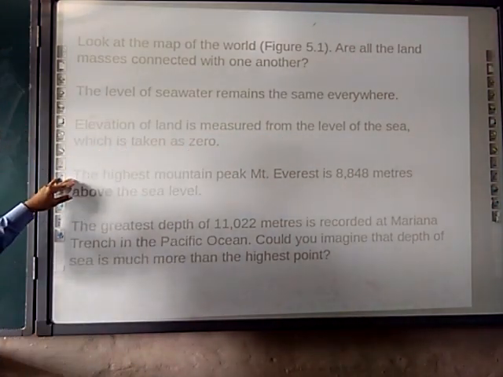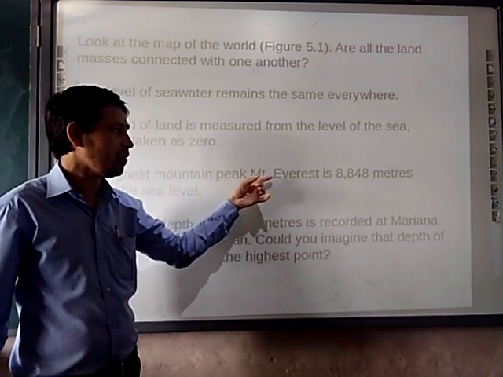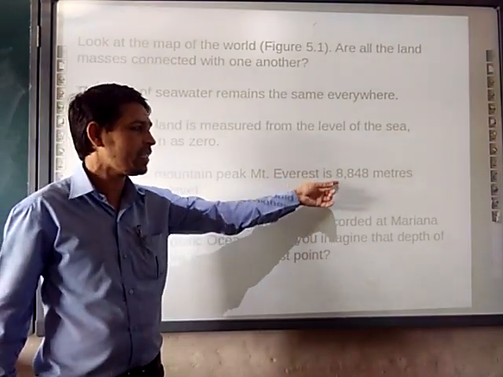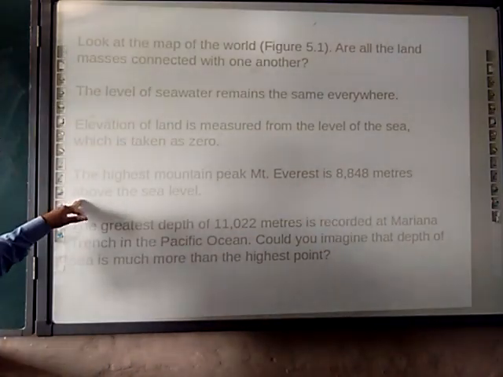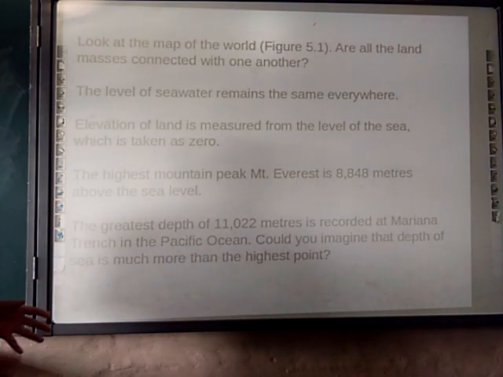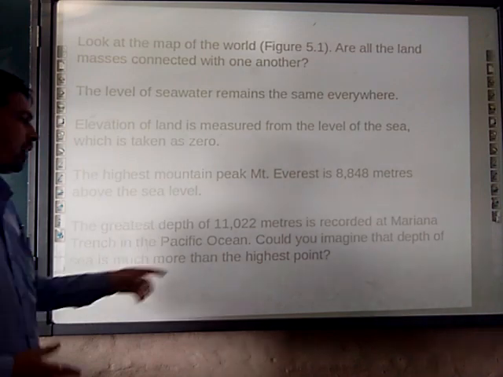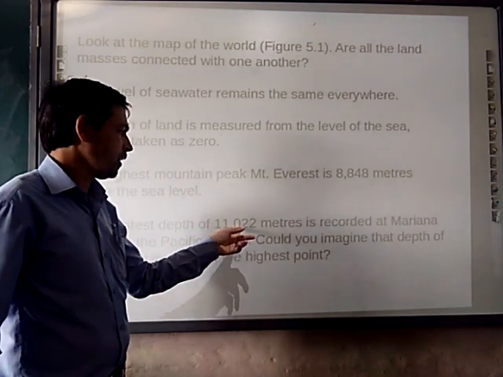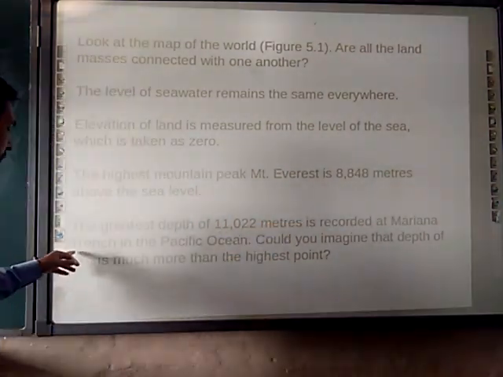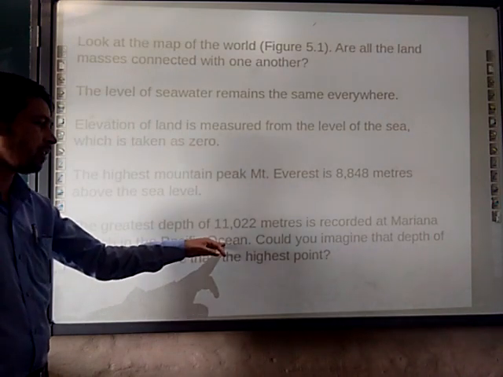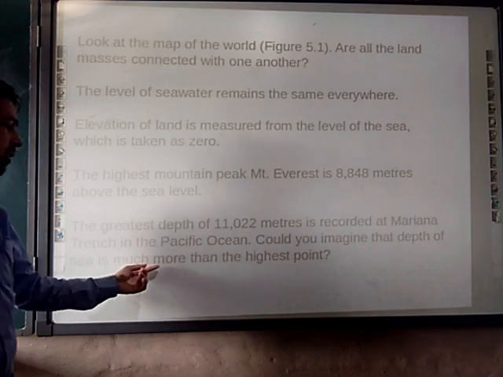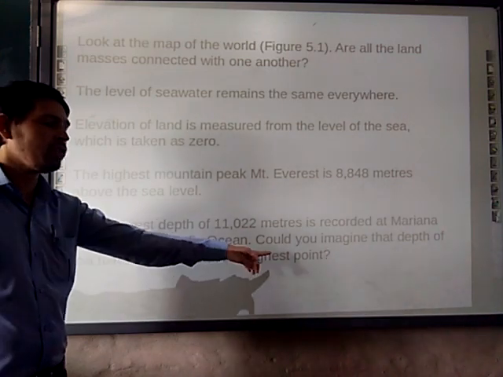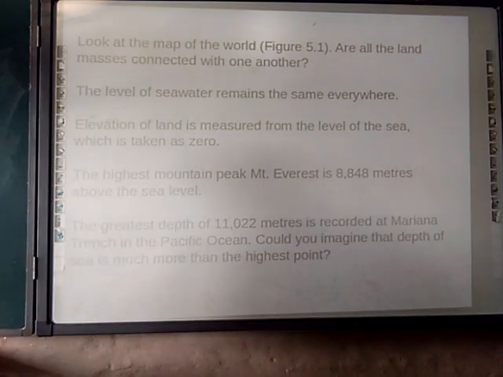The highest mountain peak, as we already know, is Mount Everest, and its height is 8,848 meters above sea level. The greatest depth of 11,022 meters is recorded at the Mariana Trench in the Pacific Ocean. Could you imagine that the depth of the sea is much more than the highest point?